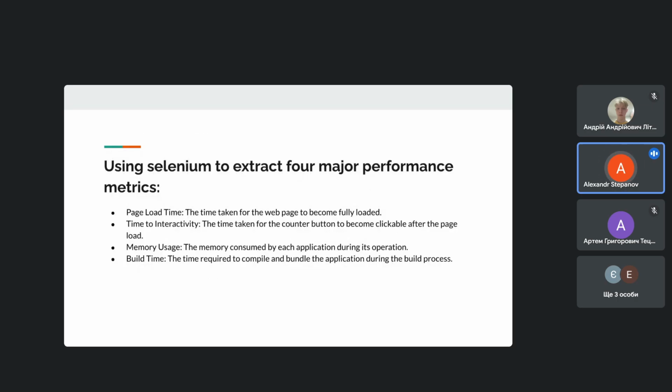The first one is page load time, the time taken for the web page to become fully loaded. Time to interactivity is the time taken for the counter button to become clickable after the page load. Memory usage is the memory consumed by each application during its operation, and build time is the time required to compile the bundle and application during the build process.